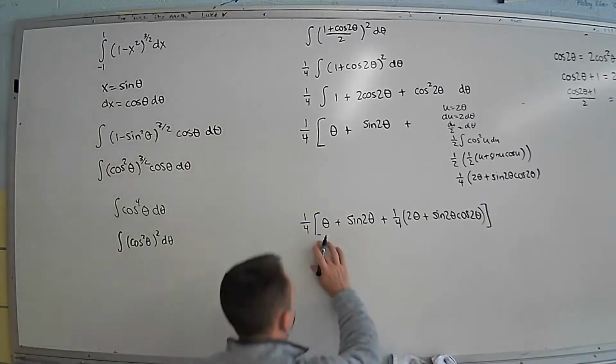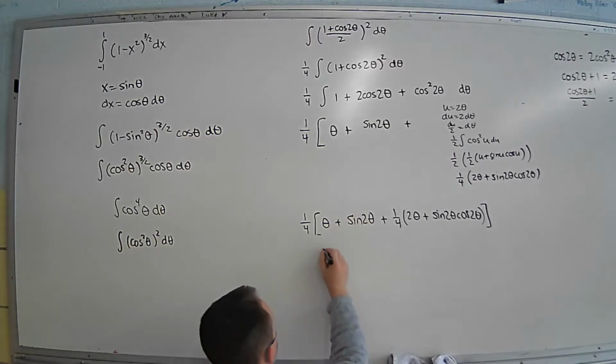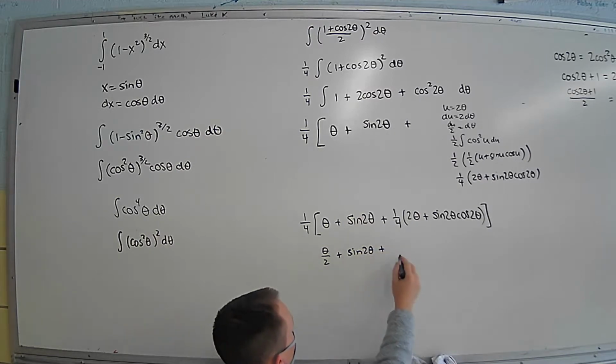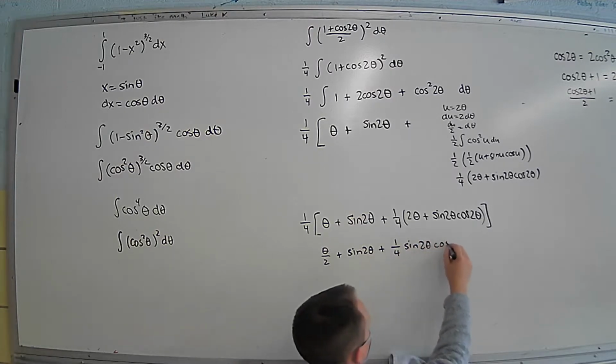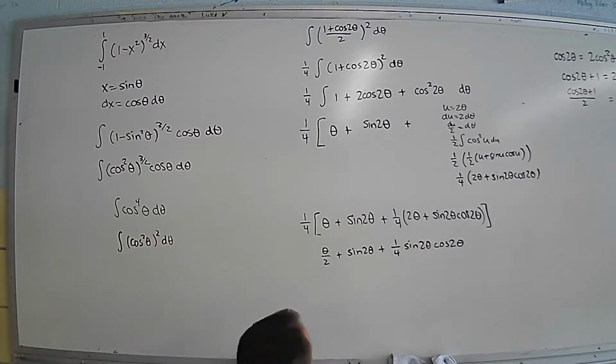So I'm going to say what's 1/4 theta plus 1/4 theta? 2/4 theta. So that'll be theta over 2 plus sine 2 theta plus 1/4 sine of 2 theta cosine of 2 theta.